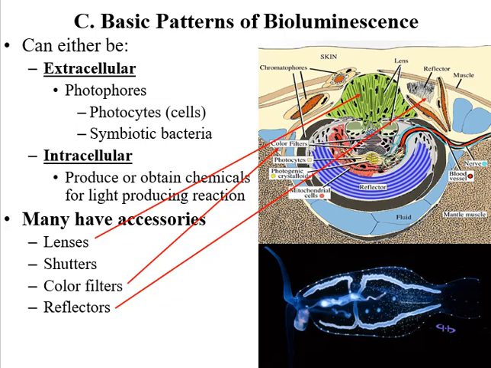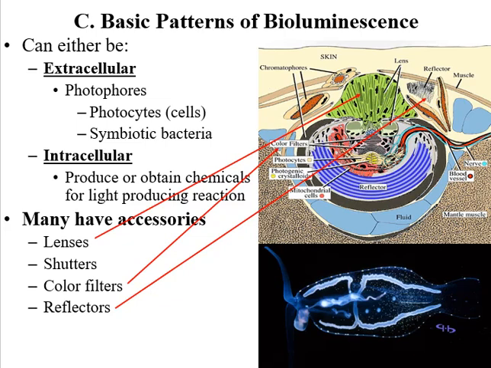These bacteria have the photopigments. And so this can be done on a cellular level, or it can be done on an organ level, basically. Inside a cell or inside an organ. And the most common thing is for these bioluminescent organisms to have photophores.